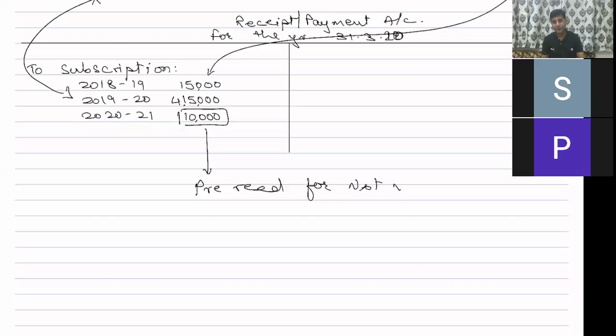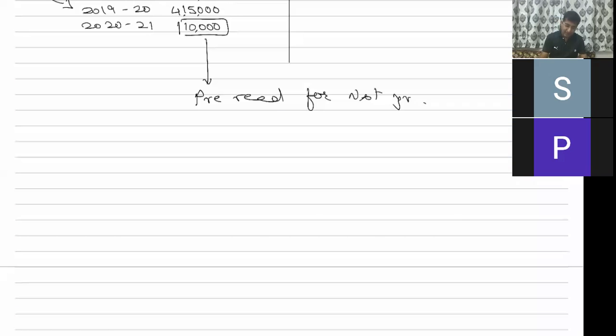Correct? So when I prepare my financial statements for this kind of organization now, I'll have an income and expenditure account for the year ended 31st March 20.